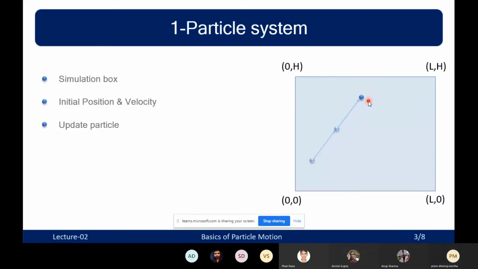And as you have rightly guessed, if I just let it go for another time step, it would basically leave the system, right? If it leaves the system, we'll fall short of particles inside our simulation box, and our study of the system becomes meaningless whenever the particle escapes from the system.